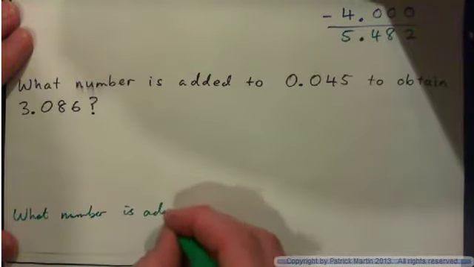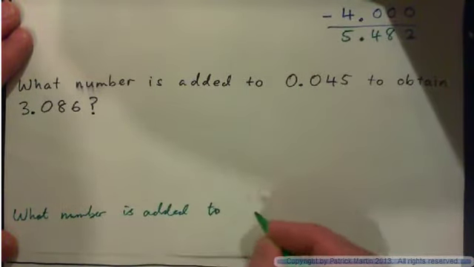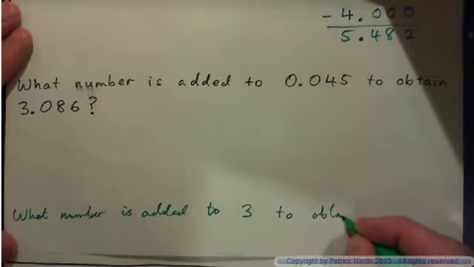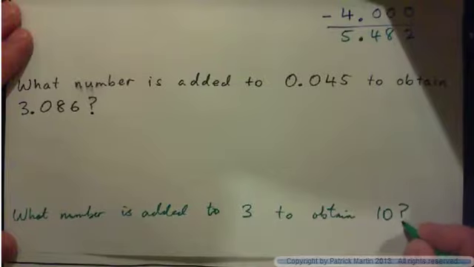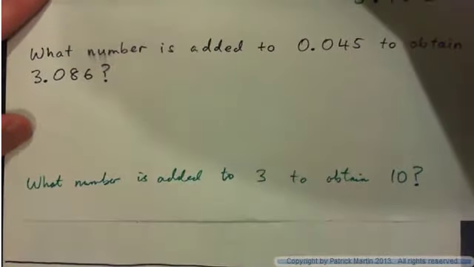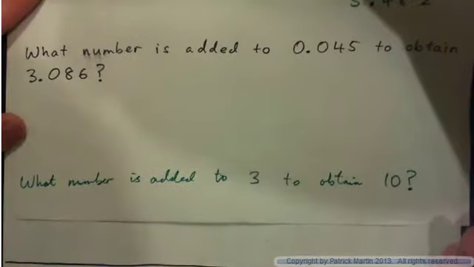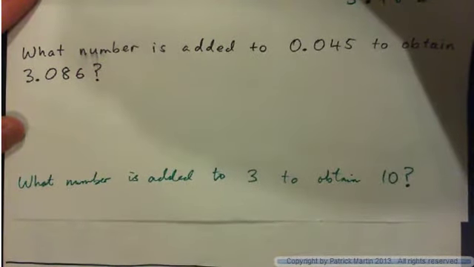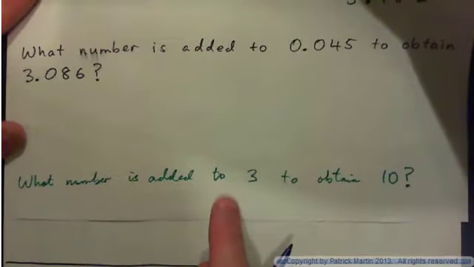What number is added to 3 to obtain 10? Different question. How would you figure this one out? What number is added to 3 to obtain 10? And how did you get that? You said 7, right? 7 can be added to 3 to get 10.